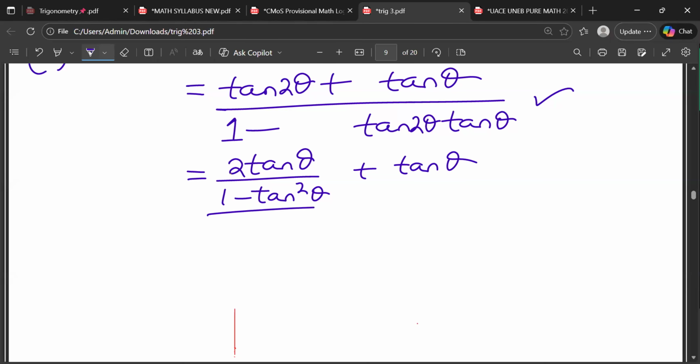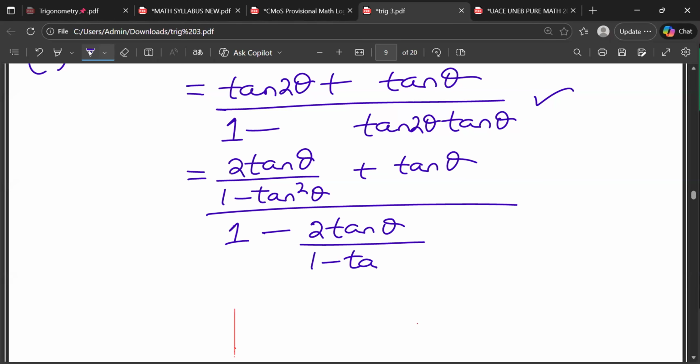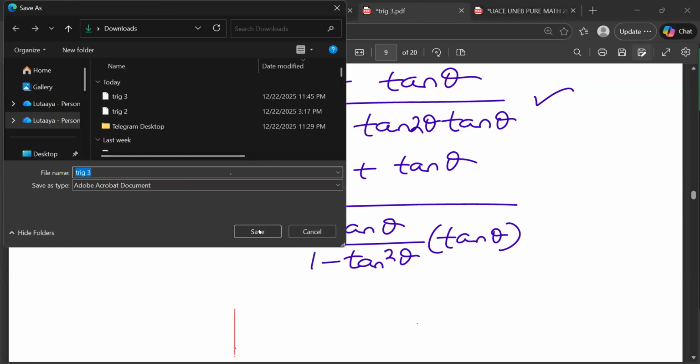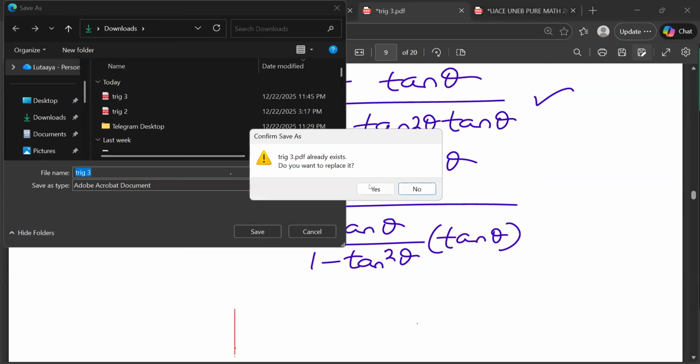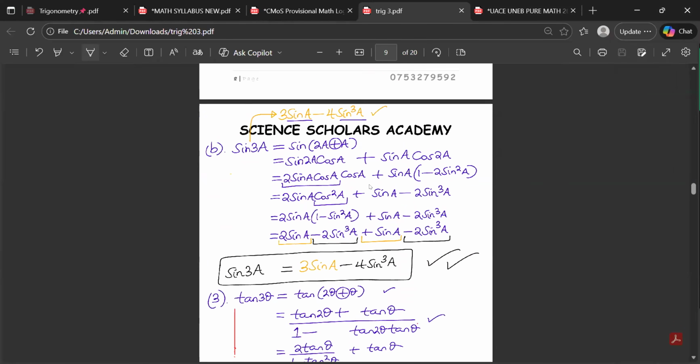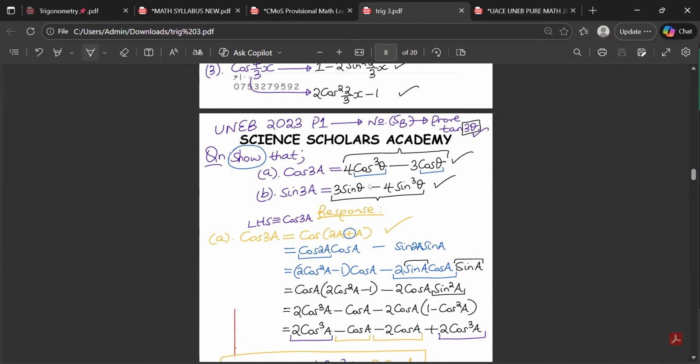Then out of 1 minus tan 2 theta is 2 tan theta over the 1 minus tan squared theta. Someone may be like, but where are you getting that substitution for tan 2 theta? That thing we began with in the beginning, somewhere when we were trying to cover the double angle. That is something we covered. So even if you come and check here.